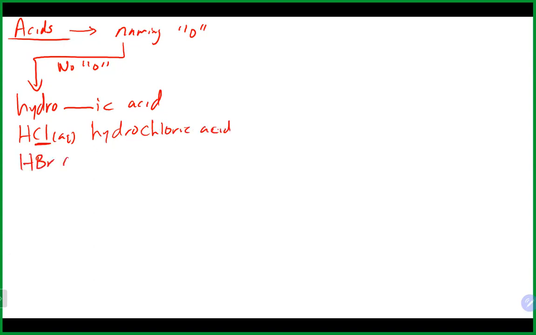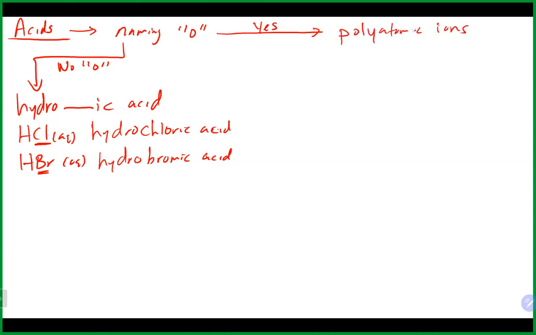HBr, once again, there is no oxygen. So this would be hydrobromic acid. Now, if it does contain oxygen, it basically will contain everybody's favorite thing, one of those polyatomic ions. And if you remember, those polyatomic ions basically end in one of two ways.